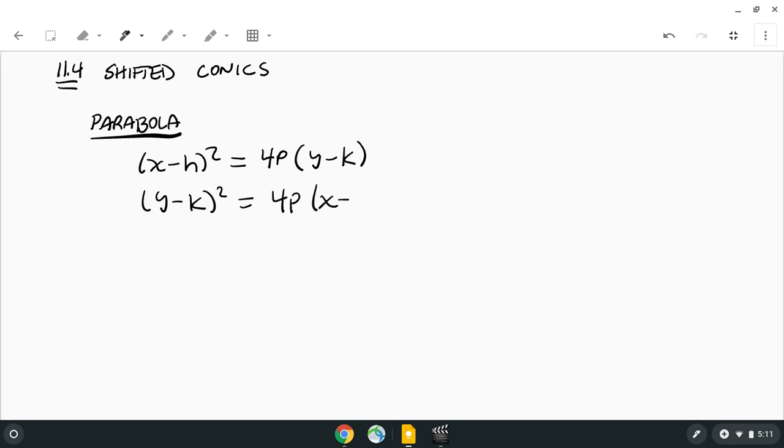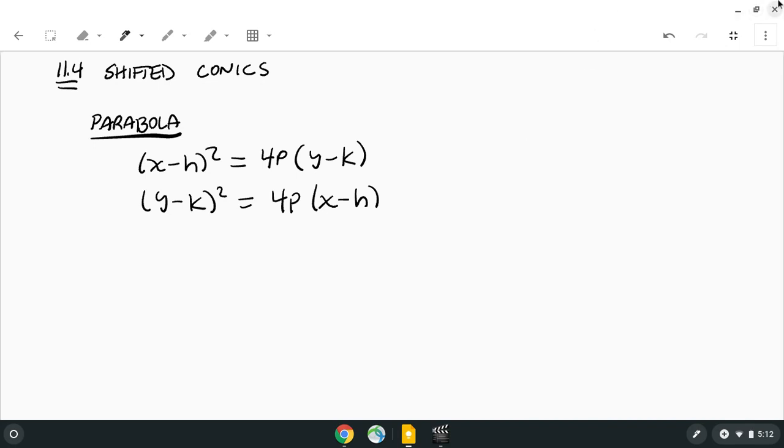Remember, this one on the top is your regular vertical parabola, and this one here is your sideways parabola. Because we just went over hyperbolas, make sure you know the difference.